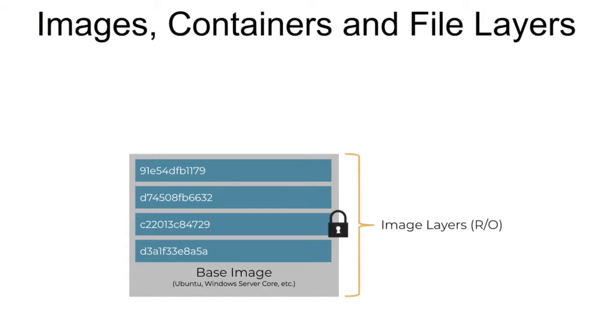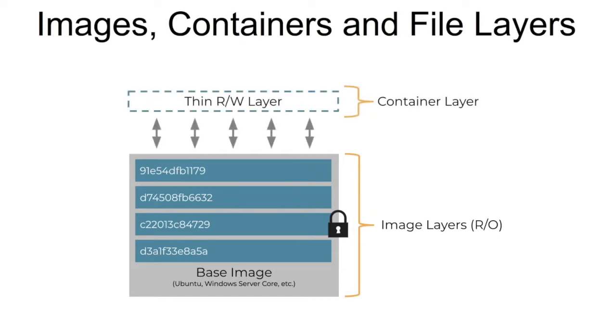Now this is read only. This is something that once you build it, it's kind of like baking a cake. It's done. Either the cake tastes good or it doesn't. If it doesn't, too bad. Now on top of the cake, a lot of times we put frosting, and we call this the container layer. This is when it gets converted to a container, it creates this readable, writable layer on top of the recipe steps, the instructions.